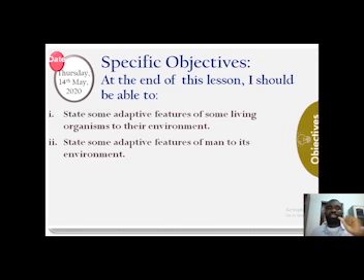The second specific objective is your assignment. You are going to give me adaptive features of man. What characters does man have that make him live very comfortably on land? Why is it that when we bring a fish and keep it on land, within 15 or 20 minutes the fish will die?